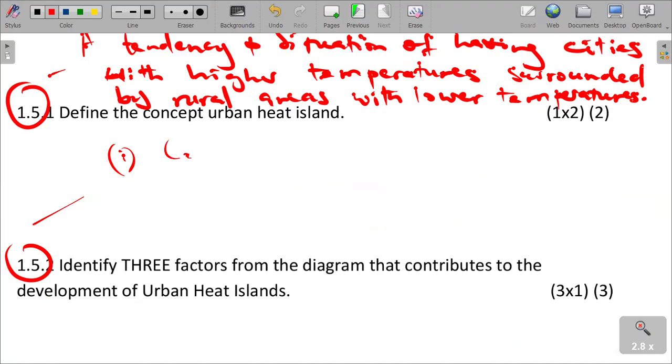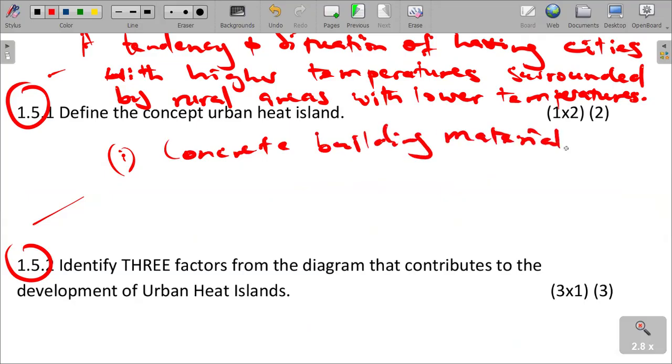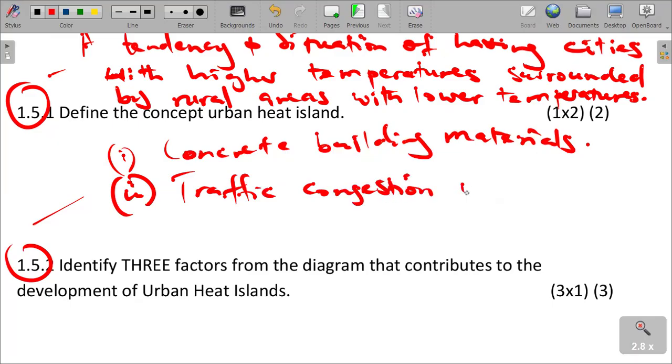So we have one, concrete building materials that are used in the building of these buildings. We talk about traffic congestion in urban areas. They are also causing urban heat island.